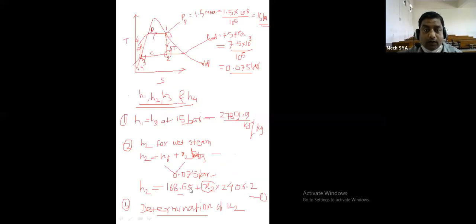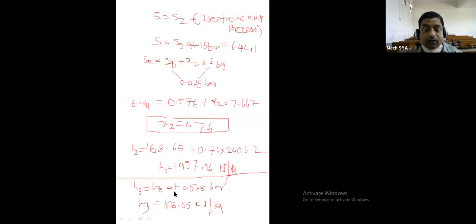If you see the diagram, the H3 point is lying on the pure liquid line. Here H3 is equal to HF and the corresponding pressure is 0.075 bar. So H3 is equal to 168.65, a value we have already calculated.